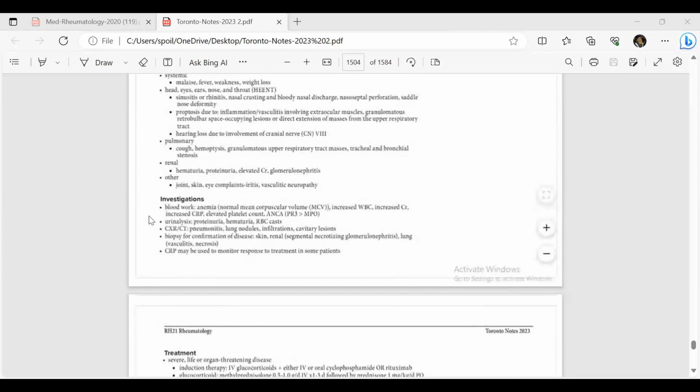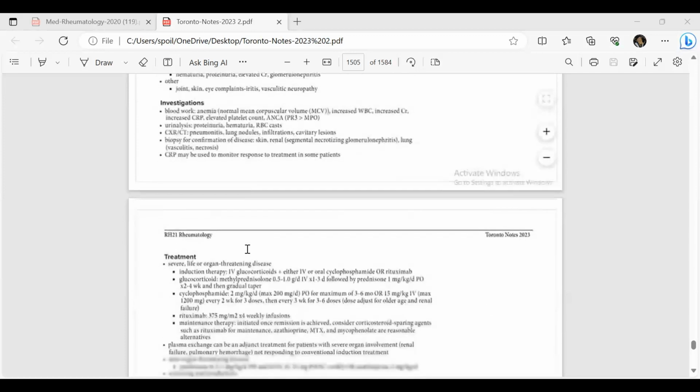Here we will do the blood workup, then urine analysis because the kidneys are involved, then imaging, chest X-ray and CT scan. Biopsy is for the confirmation of the disease. In biopsy we will see segmental necrotizing glomerulonephritis, lung vasculitis and necrosis, and CRP to monitor the treatment in some patients.